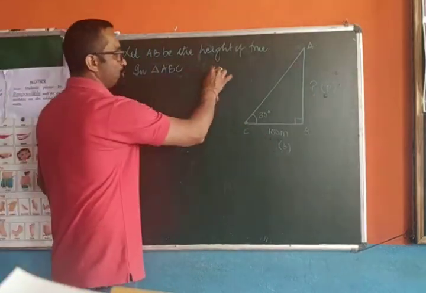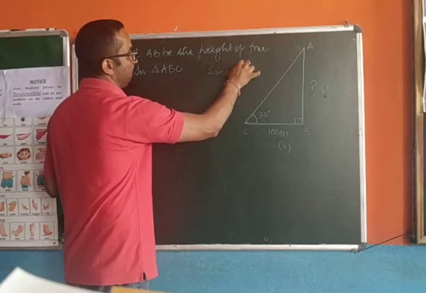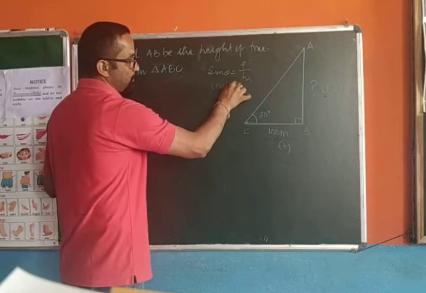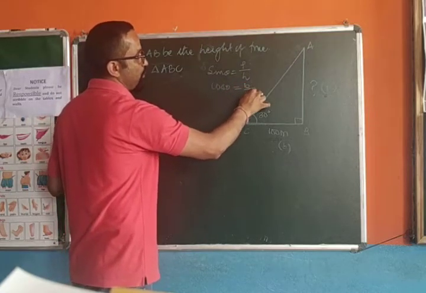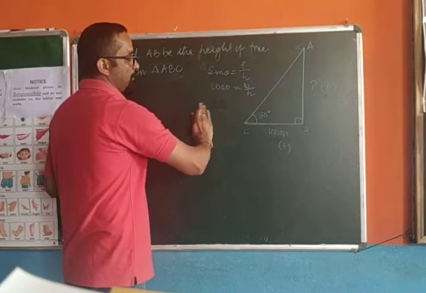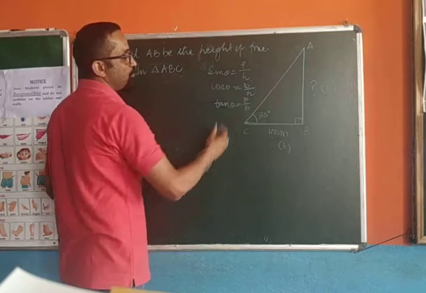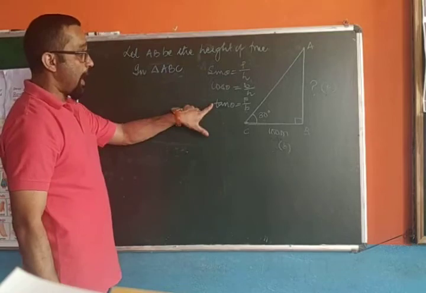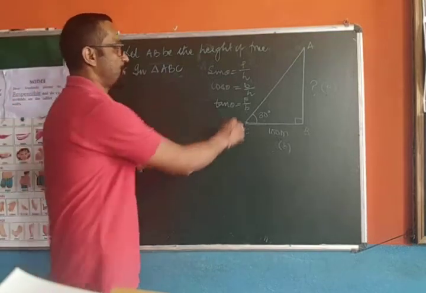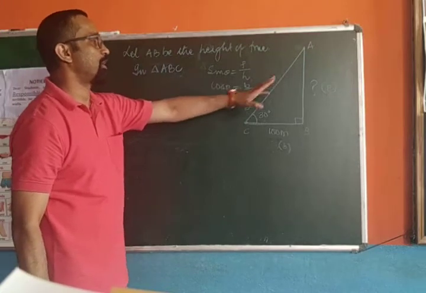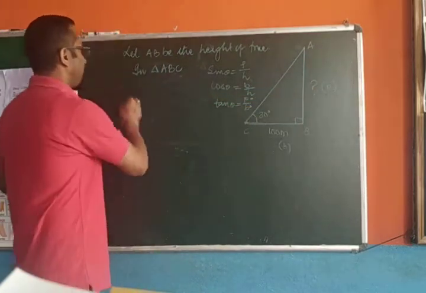We cannot use sine because sine is perpendicular upon hypotenuse. We cannot use cos because it is base upon hypotenuse. Tan is equal to perpendicular upon base. So we have a trigonometrical ratio which has perpendicular and base. So we use this to calculate the height.